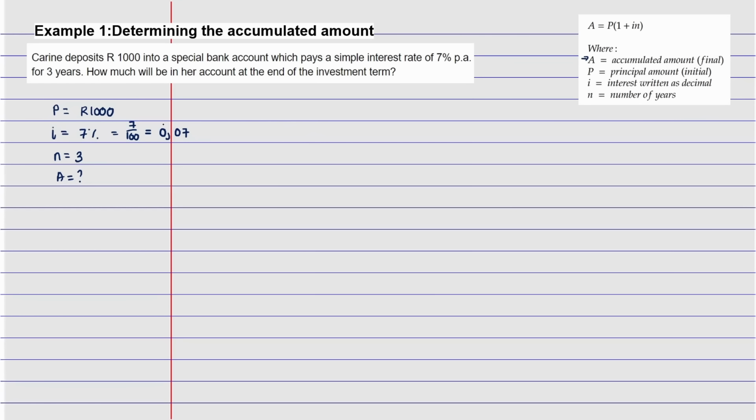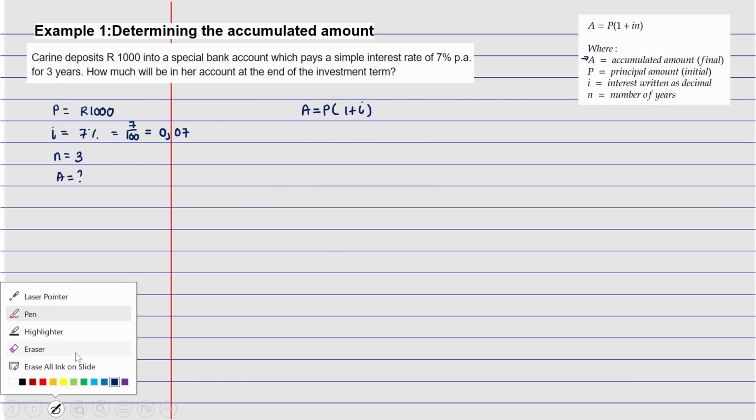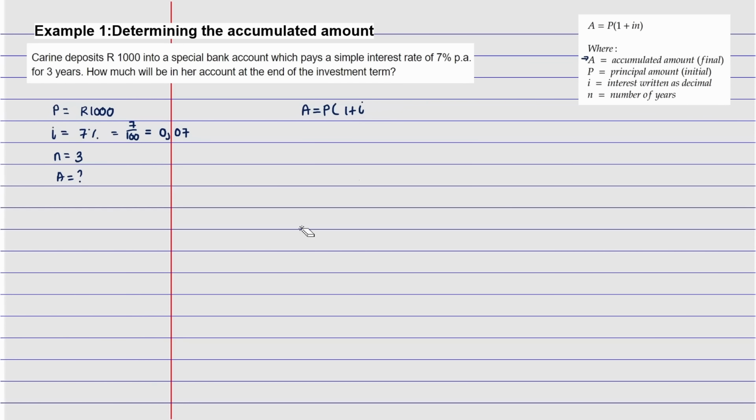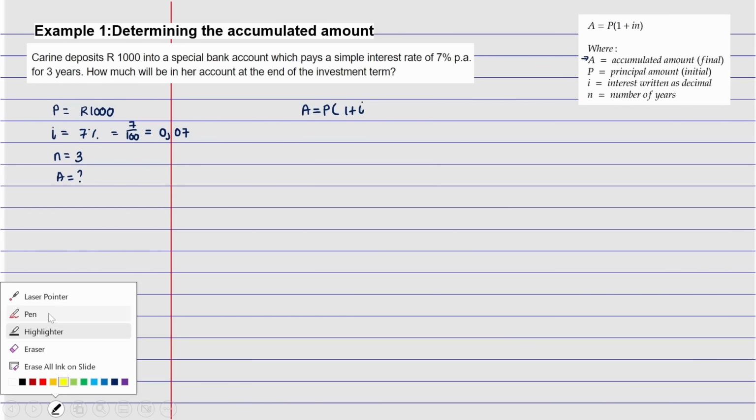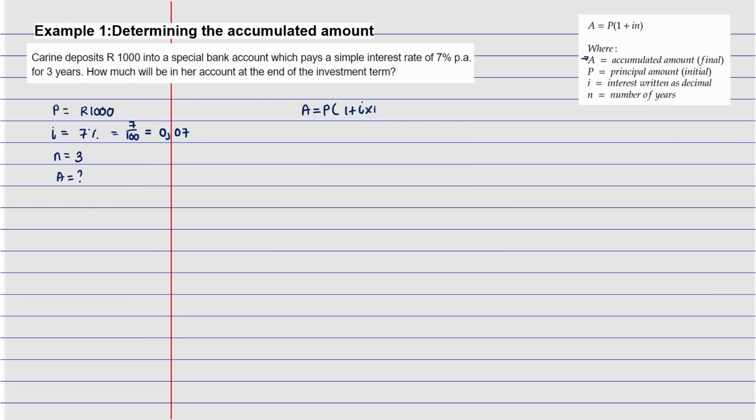Now we're going to use this formula to calculate our accumulated amount. A is equal to P, open bracket, 1 plus I, multiplied by N. I forgot N, sorry about that. So this is going to be multiplied by N. So A is equal to, what is our principal amount?